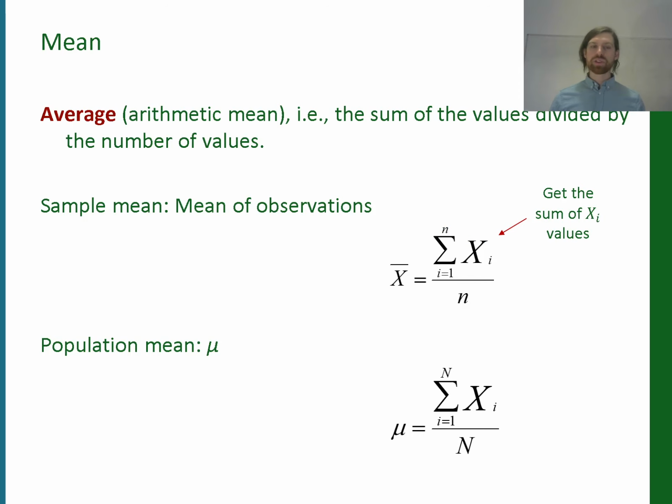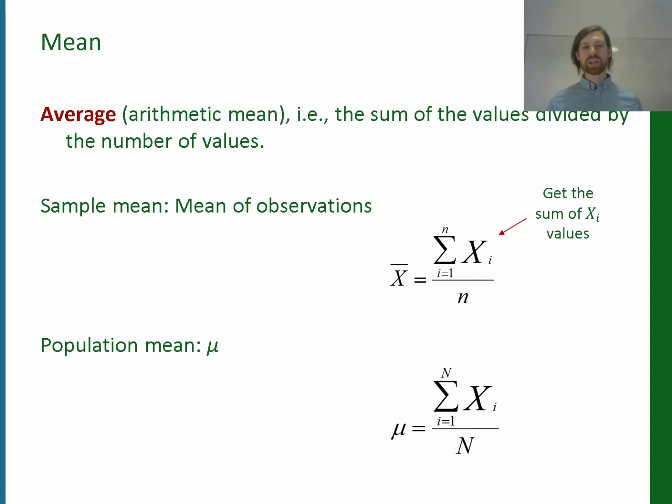And then let's move on to the mean. So, you will be familiar with this, I assume, already. This is just the average, the arithmetic mean. So it's just the sum of all of the values divided by the number of values. So we can get the mean for the sample, as we see here on the right-hand side. To get x bar, we need to sum all of the xi values that we get and divide by lowercase n, the number of data points in the sample.